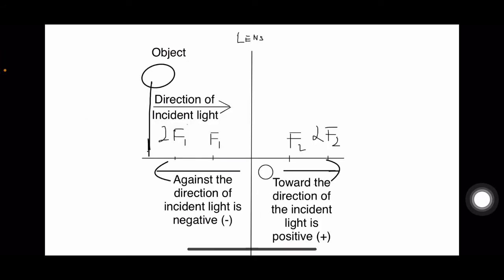That means that starting from the optical center, any distance measured towards the left side is considered negative. This is because the distance that you measure from the optical center towards the left side goes against the direction of light. Hence, it is termed as negative, and vice versa for the right side. So anything on the right side will be positive and anything on the left side will be negative.